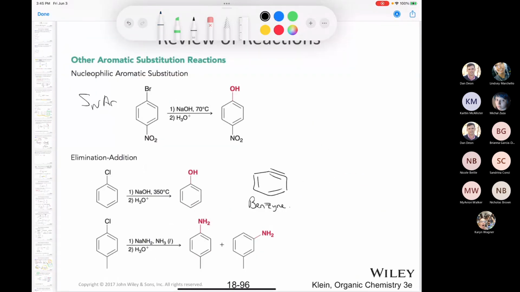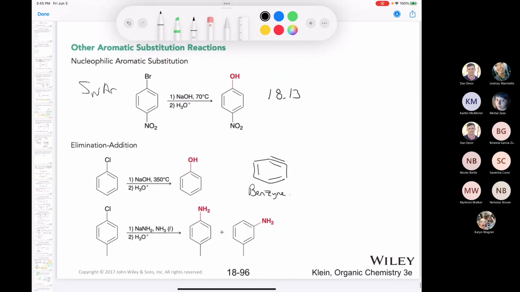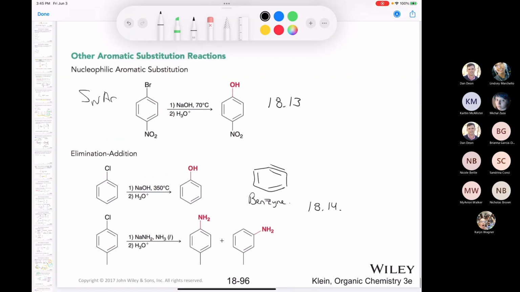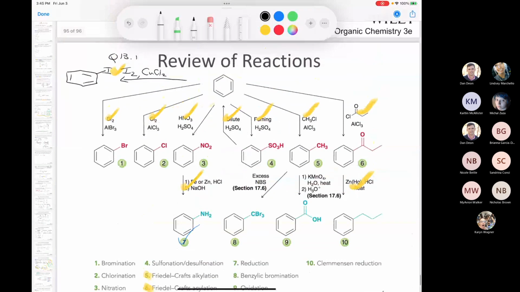So again, I said that was section 18.13. And this is section 18.14. All right, here we go, 18.13 and 18.14, and that's the entire chapter. Big chapter, a lot of work in this chapter, there's no doubt about it.